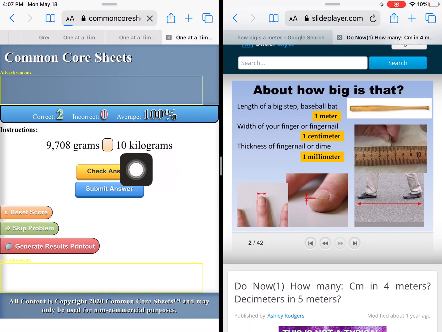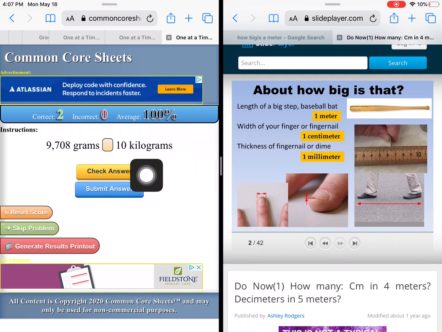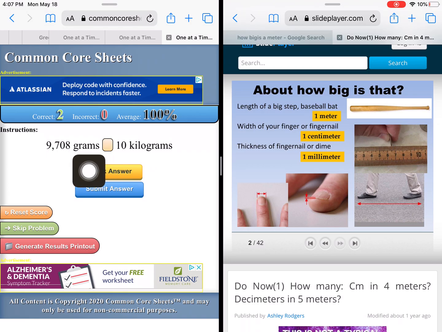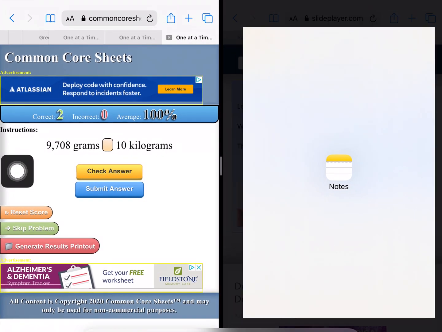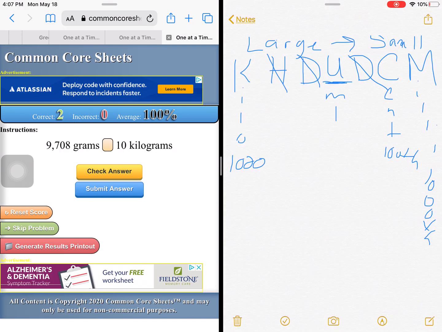So remember, we're doing grams now. So they're similar to meters and liters, but a good thing to remember is that if you think of King Henry doesn't usually drink chocolate milk, we learned that the K stands for kilo.